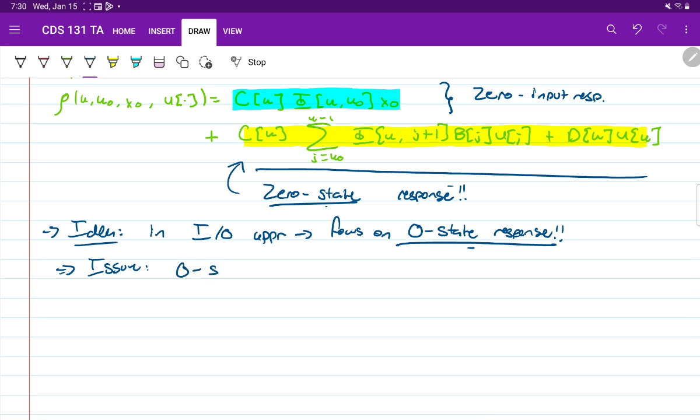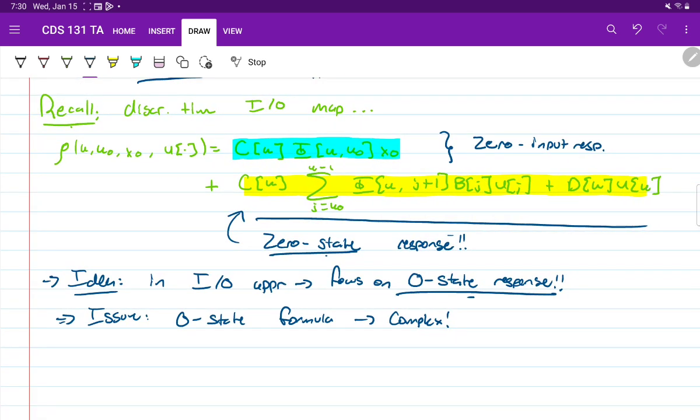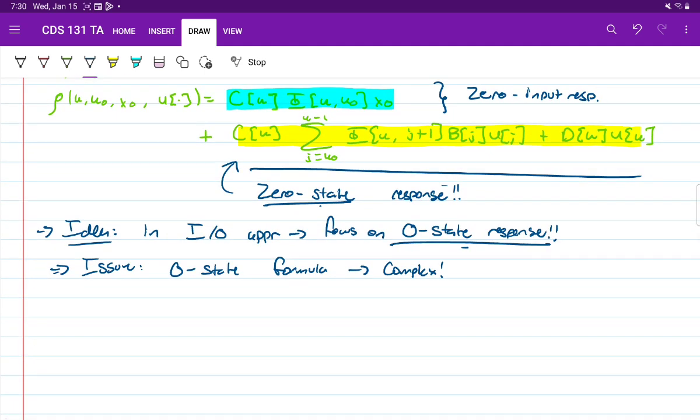Okay, now here's an issue. The zero state formula that I wrote above is really quite complex. It took me 2 lines to write out, and we have all these different terms floating around. So what we're going to do today is figure out what structure underlies the zero state response.